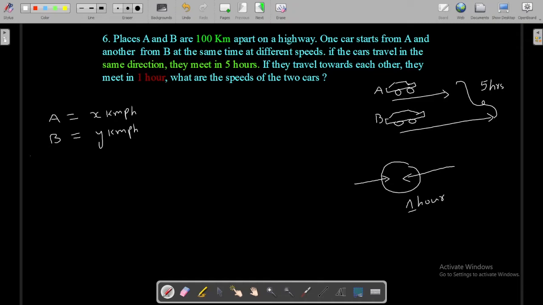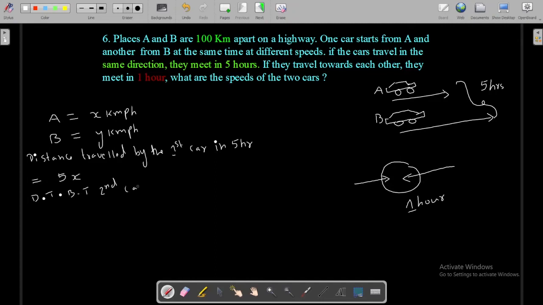So distance traveled by the first car in 5 hours is equal to 5x, and the distance traveled by the second car in 1 hour is equal to x.